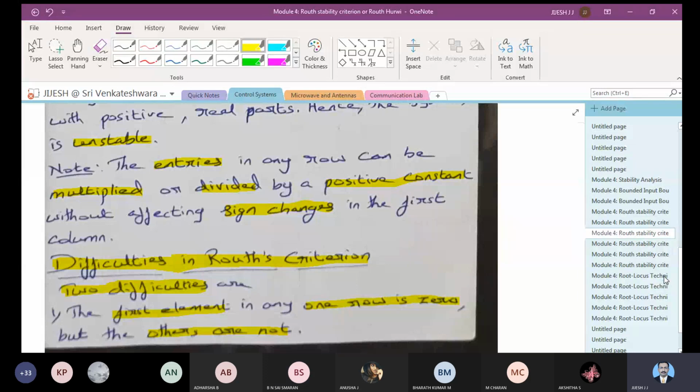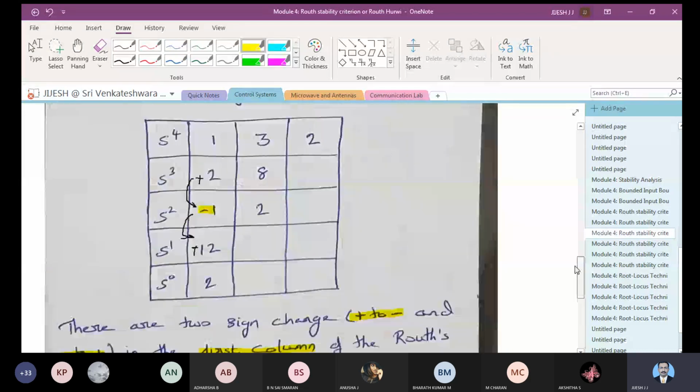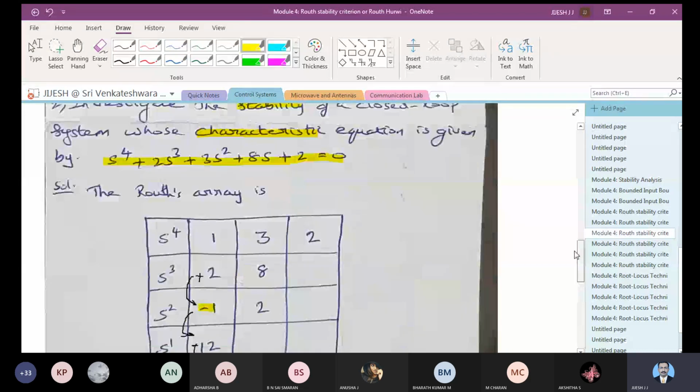The first difficulty is that one of the coefficients is 0. I am just saying that if 3s square is not available, how it will look like. Okay, so let us see that.